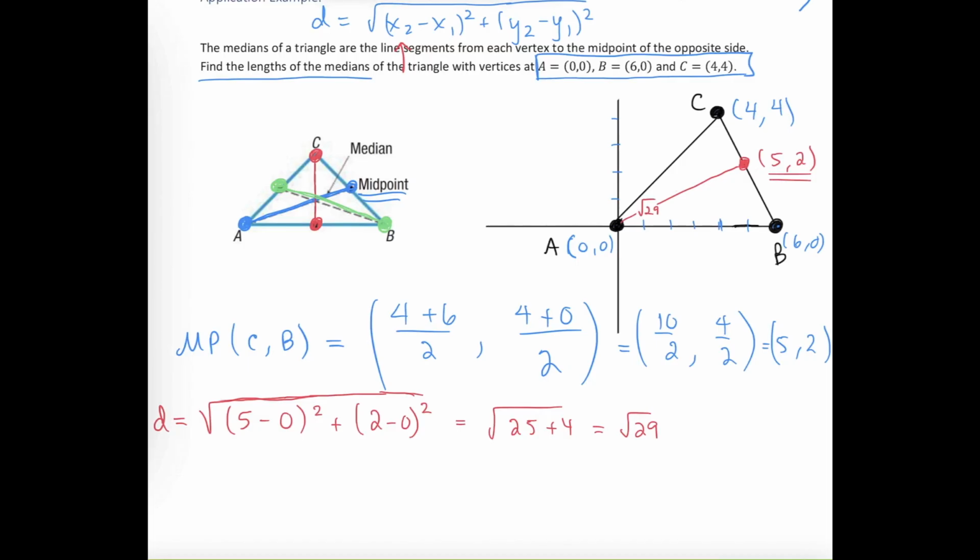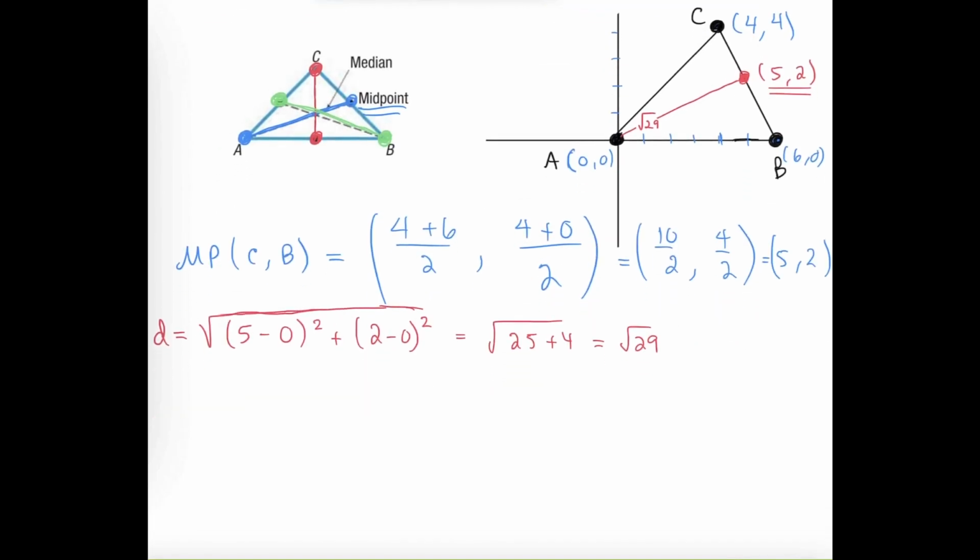So the next thing let's do is to figure out the midpoint between the points A and B. Well, we can actually figure out the midpoint here pretty easily because A and B are on the x-axis, and if I go from 0 to 6, the midpoint is going to be at the ordered pair (3, 0). So let's skip the midpoint formula here because the ordered pairs are simple enough for me to determine that the point halfway in between has to be (3, 0), in between (6, 0) and (0, 0). And then we're going to find the length of the line segment that connects these two points.